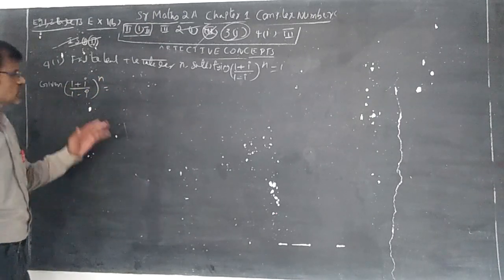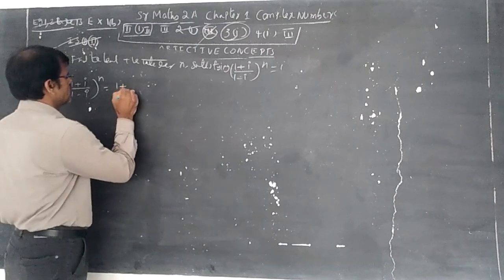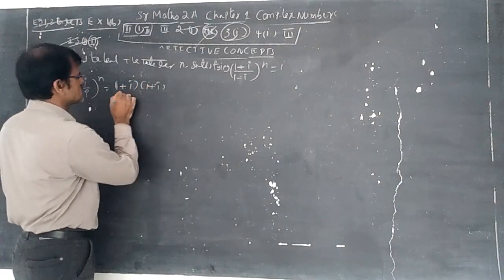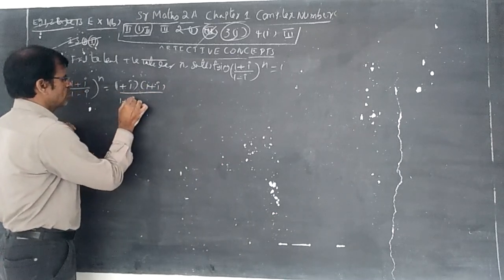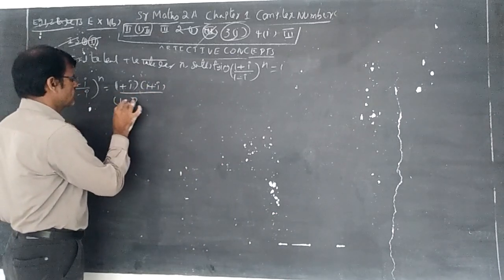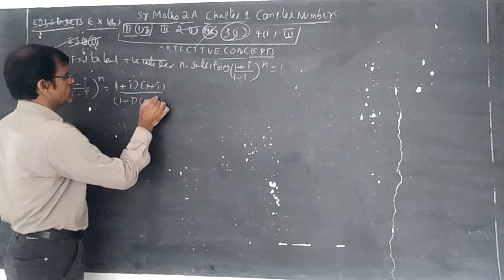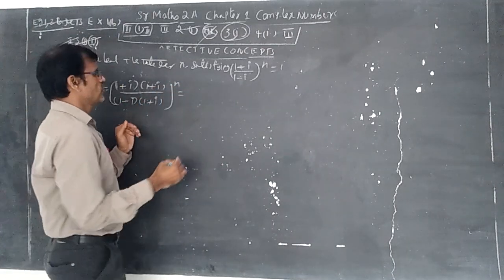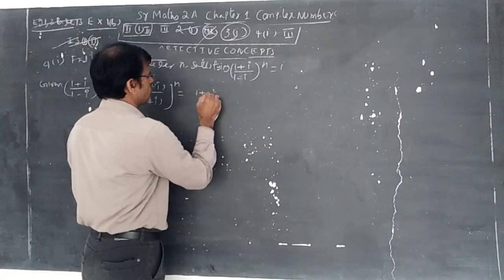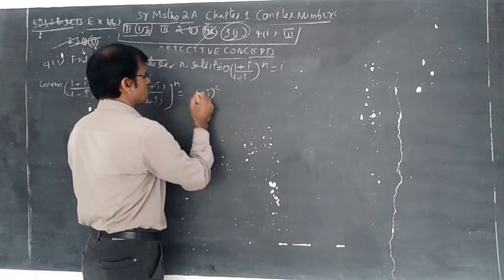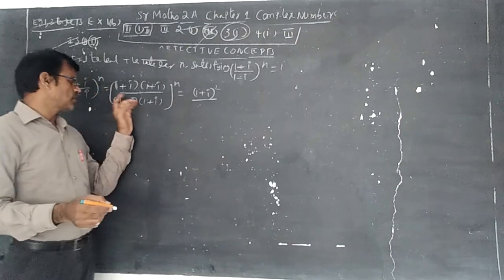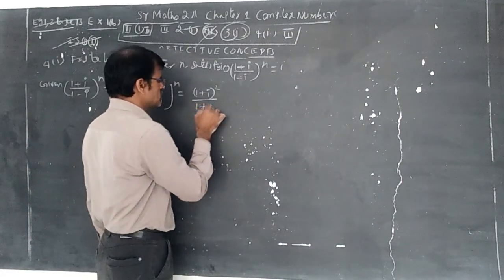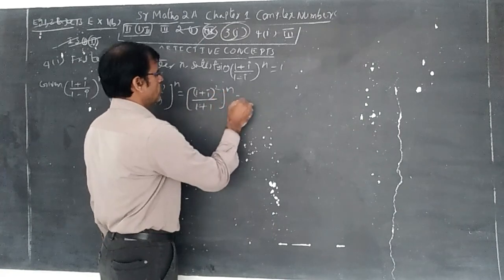So rationalize the denominator. It becomes (1 plus i) into (1 plus i) by (1 minus i) into (1 plus i), whole power n. Numerator becomes (1 plus i) whole square. Denominator is (a plus ib) into (a minus ib), the concept a square plus b square, so this is 1 plus 1, whole power n.